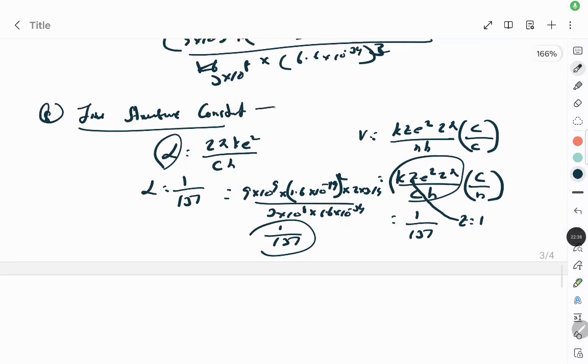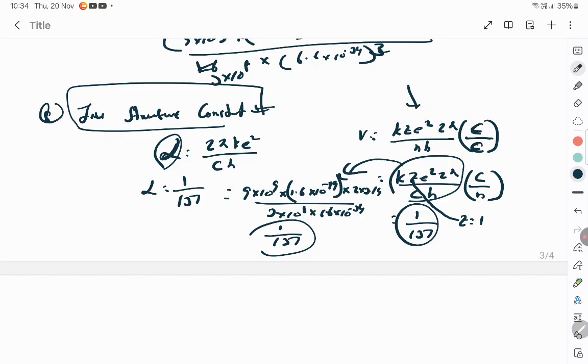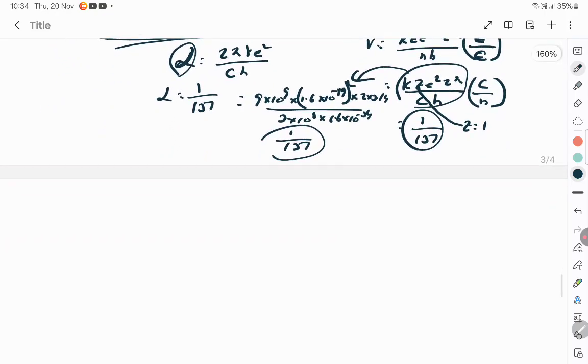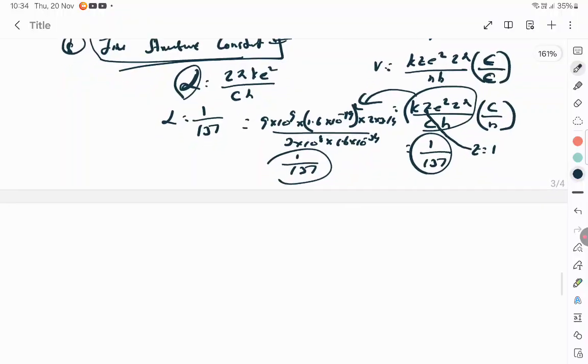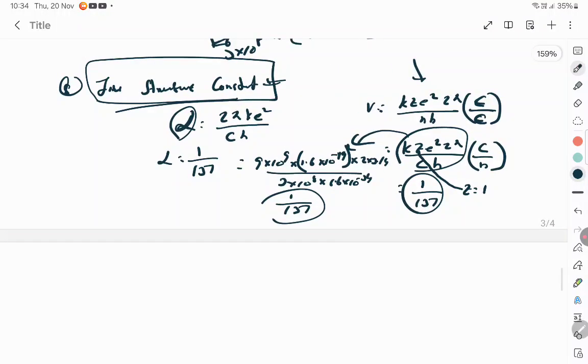The fine structure constant is this, which we get as 1 by 137. So take the velocity formula, multiply and divide it by c, group it accordingly and assume z is equal to 1. This value you calculate, you get 1 by 137, and this is what is called the fine structure constant, which comes from the derivation of velocity. Just remember that. They might ask you to write the derivation of the fine structure constant. You should be able to do it.